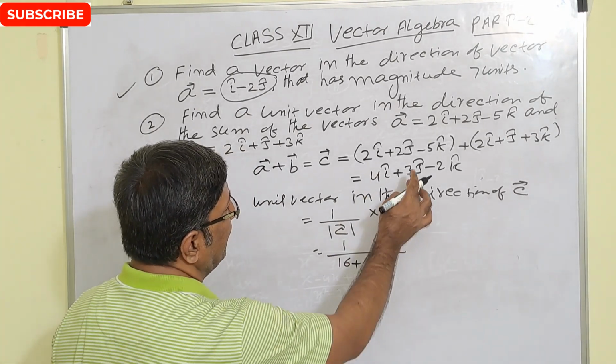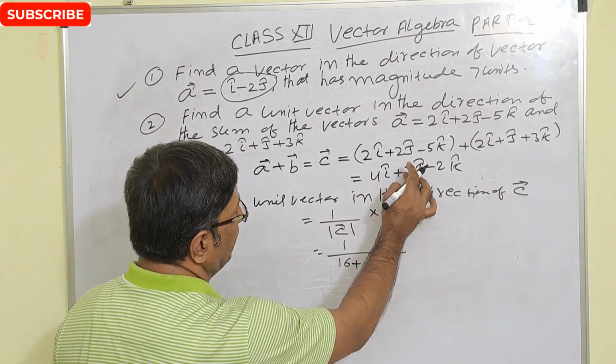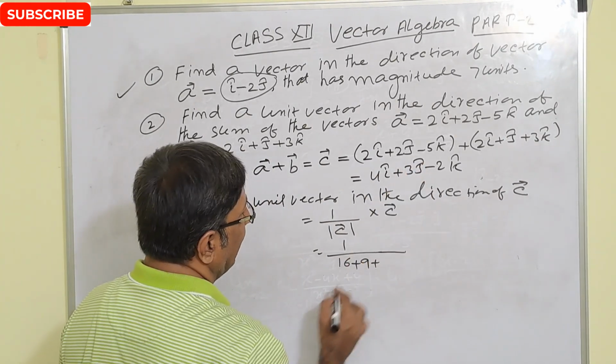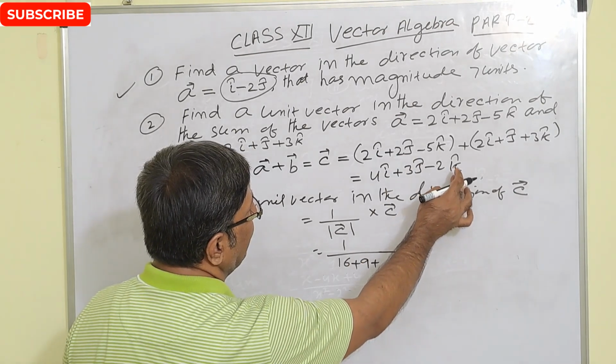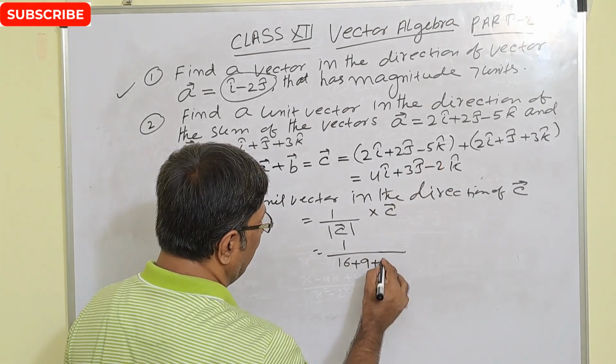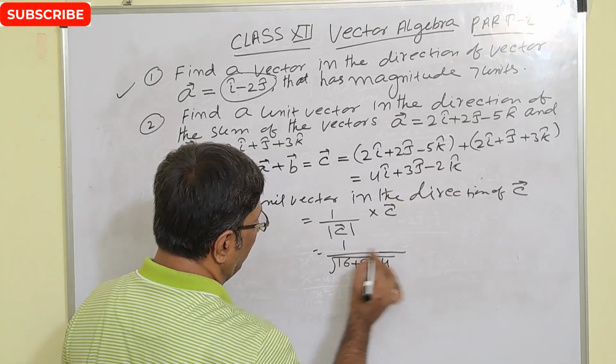The coefficient of unit vector j is 3, so 3 square, 9. The coefficient of unit vector k is minus 2, so minus 2 square is 4. All this is under the root.